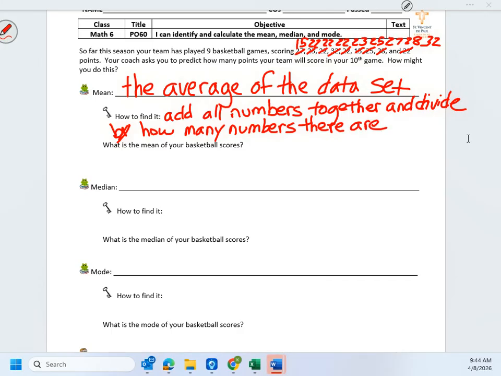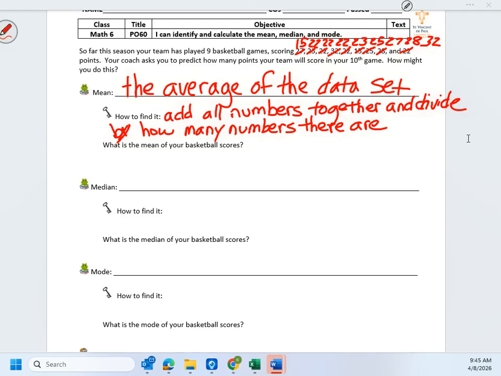So we know that there are 9 scores. We need to add all 9 of those scores up, and then we're gonna divide by 9. So get out your calculators and add up all 9 of those scores. What is the total you get when you add all 9 up?